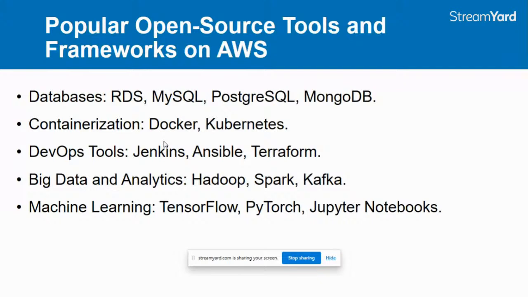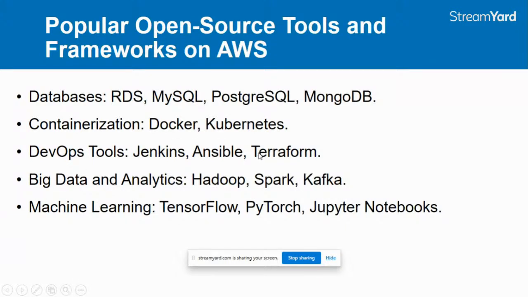For example, when we try to develop a CI/CD pipeline with AWS native services, there are CodeCommit, CodeBuild, CodeDeploy, and CodePipeline. Using those services, you can build your CI/CD pipeline. And if we are looking for infrastructure as code, we can leverage AWS's own CloudFormation. But it very well supports Jenkins, Ansible, and Terraform as well.